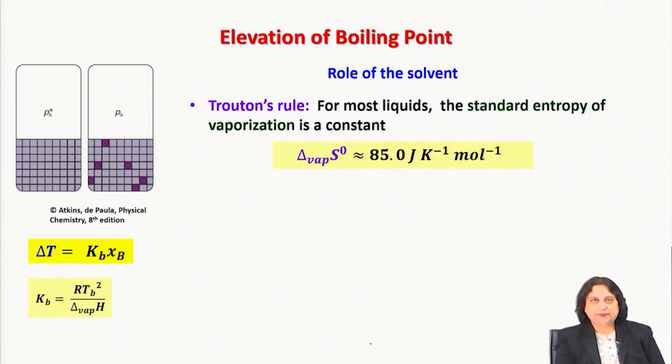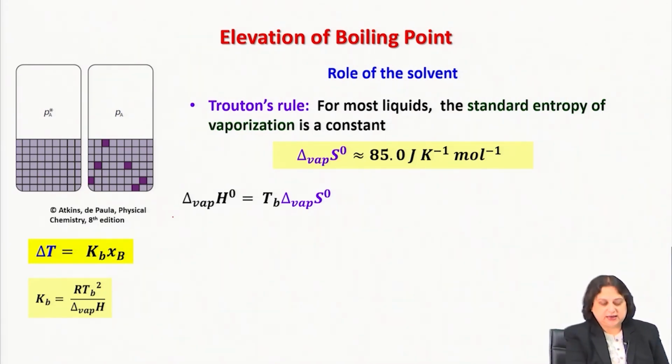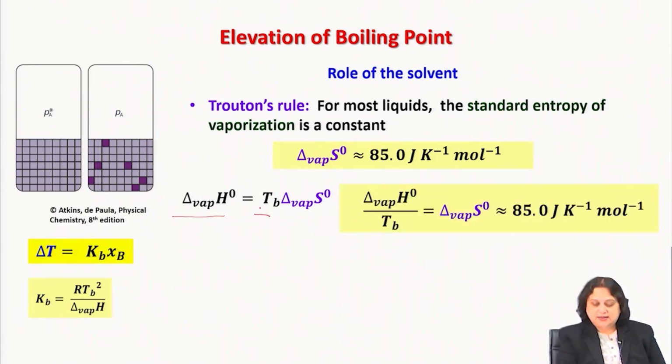Now, since I'm talking about vaporization, therefore I can rewrite delta S vaporization under standard conditions in terms of the enthalpy of vaporization under standard condition and its boiling point. Therefore, I understand that this quantity must be a constant for most of the liquids.